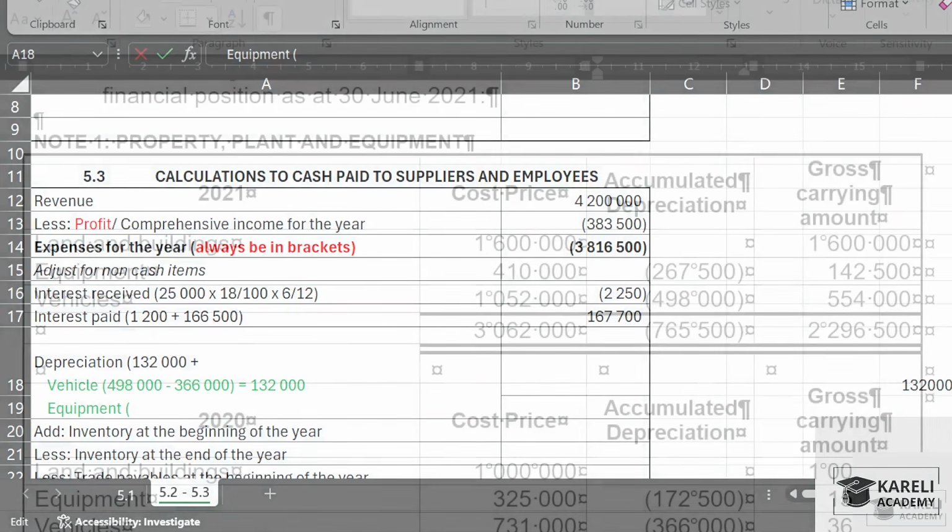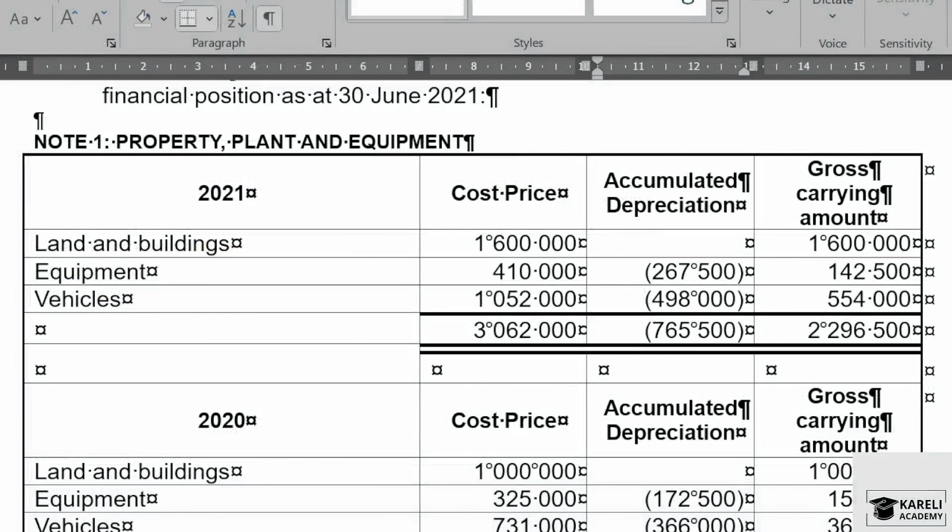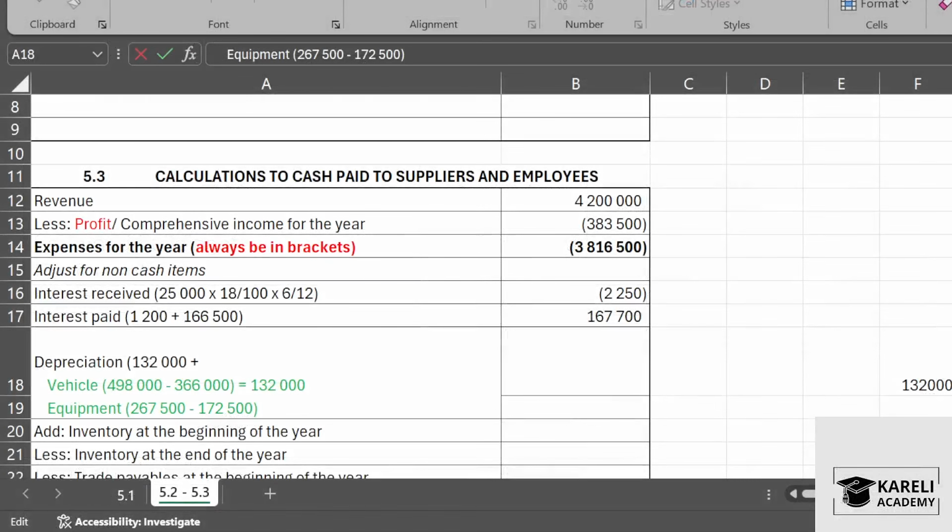To the question paper, equipment would be 267,500 minus 172,500. 267,500 minus 172,500. In the answer sheet, there we have it, equipment.